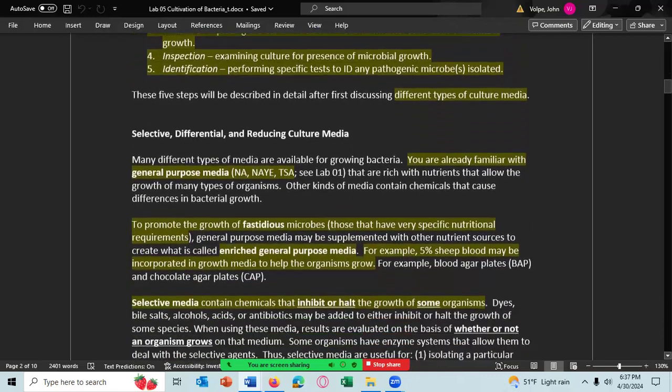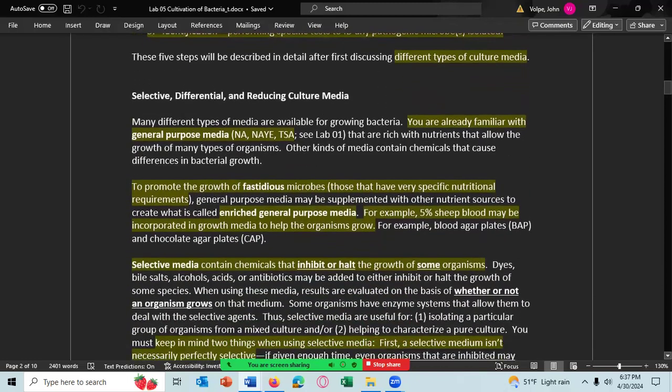When we're talking about culture media, you should already be familiar with general purpose media. That would be nutrient agar or NA, nutrient agar with yeast extract or NAY, or tryptic soy agar, TSA. These media allow many organisms to grow, meaning they're not selective, they're cheap, they're readily available.